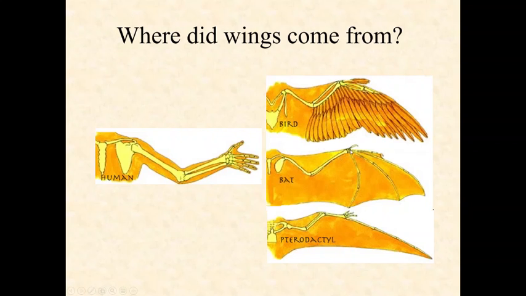Now, evolution has changed the organization of the wrists of these. So wrists are different. This is an elongated wrist bone in the pterodactyl with a few there. The bat has more numerous small bones, a little bit more similar to humans, which makes sense, right? Because we are both mammals, so we would expect us to share more similarity with the bat than we would with the bird and the pterodactyl. And then finally, digits with phalanges, much the same number. Birds have a reduced number of phalanges, actually only 3 remaining.